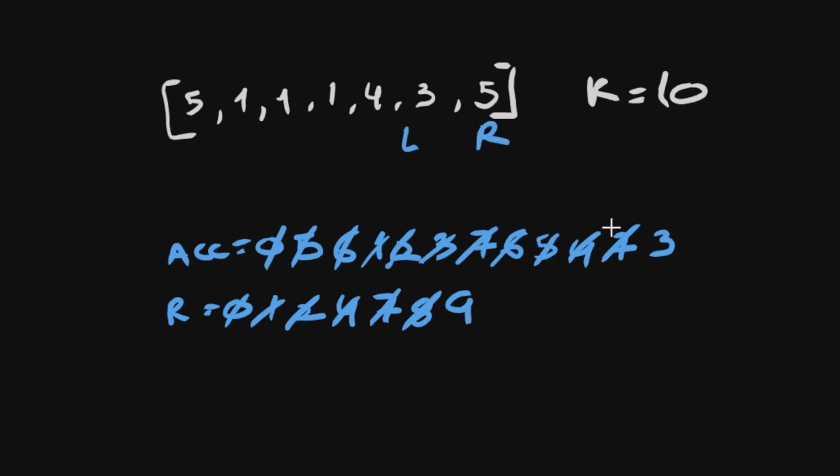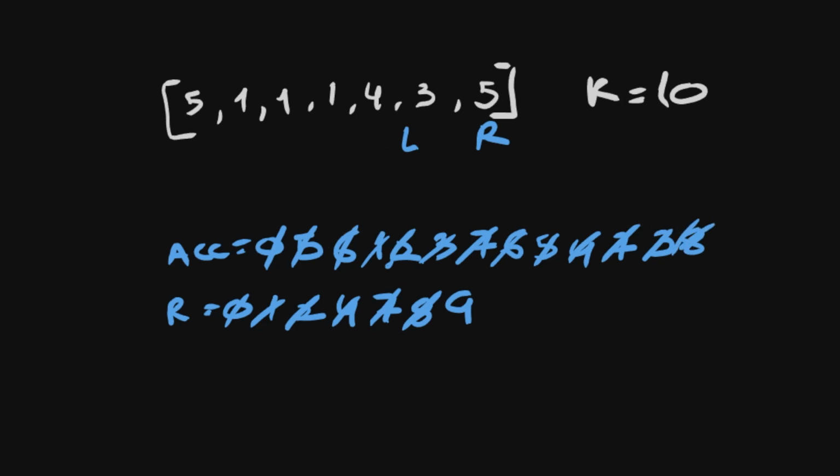Now right is here, and we add 5 to our accumulated, which is now 8. And now 8 times 2 is greater than k, so we need to update the left pointer. So we subtract 3 from the accumulated.